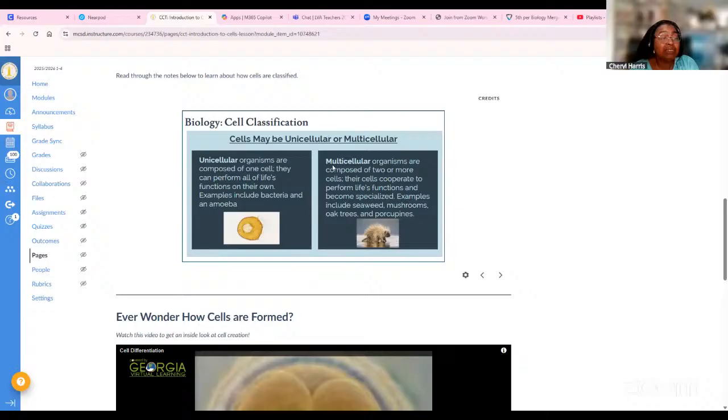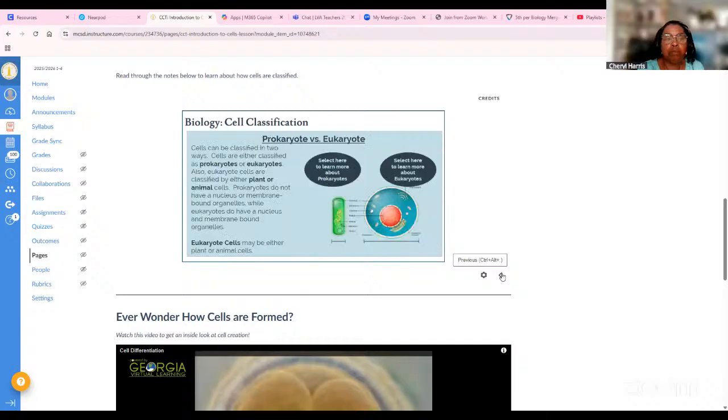So like we have skin tissue, and skin tissue doesn't look like kidney tissue, it doesn't look like heart tissue, because they all have different functions, but they're all made of cells, and the cells within those tissues are going to look a little different, but they still have to do all of the life functions that we talked about. Okay, so we are multicellular.